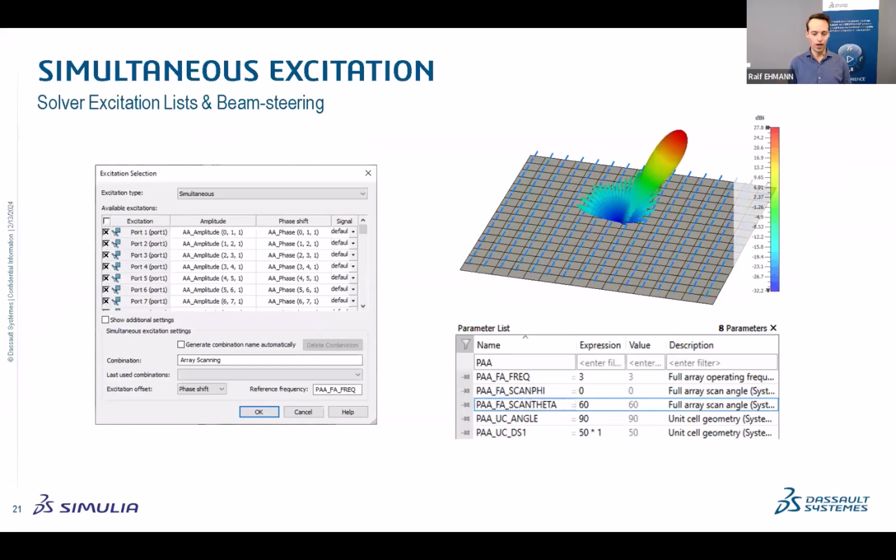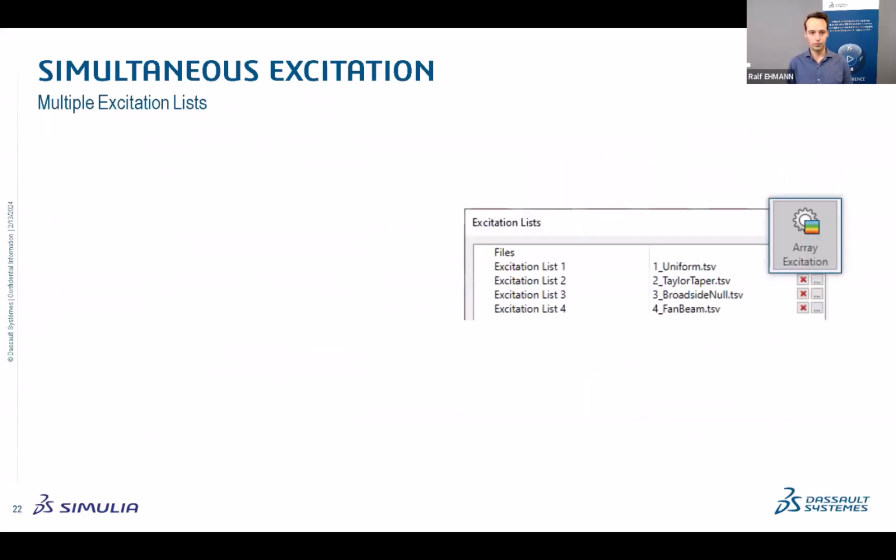This is basically where you have just the excitation list that's completely parameterized and controlled by the array task with the excitation management. So when you specify phi theta scan angles, those are then calculating the phase shifts automatically, and this is done for you.